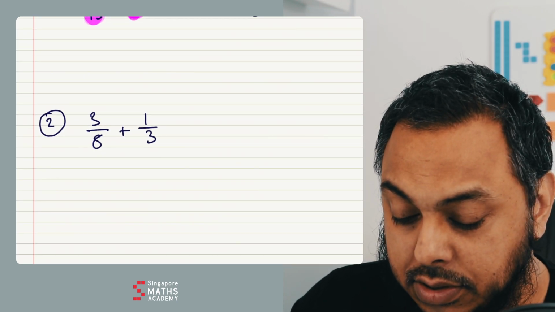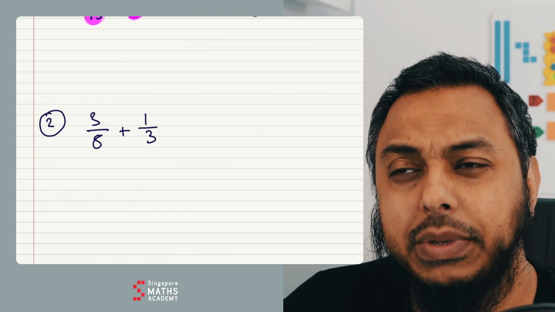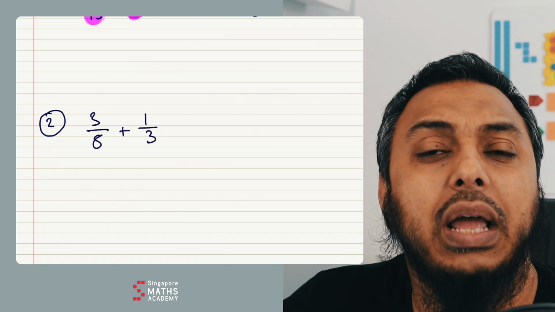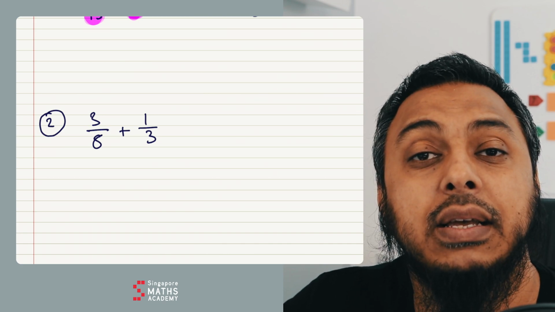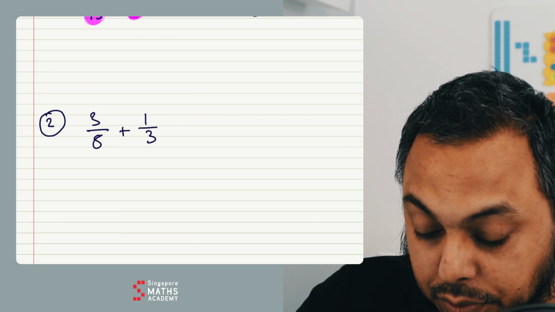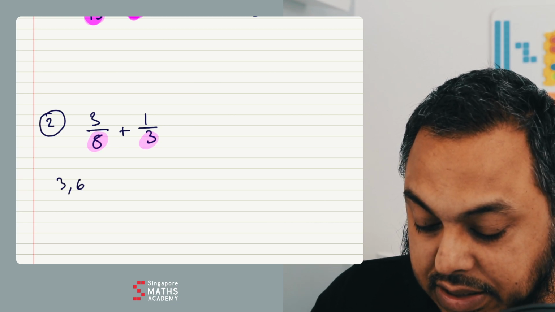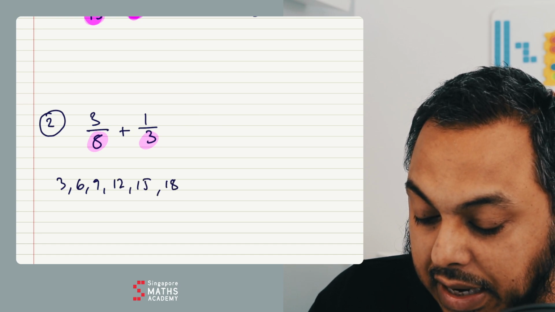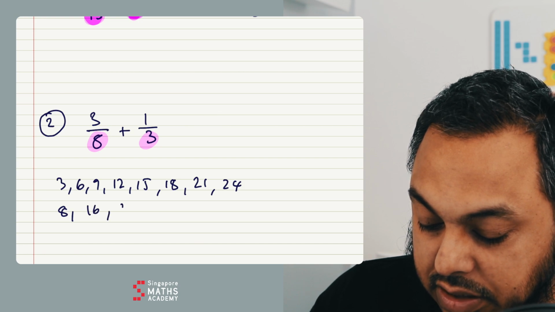But what happens when 3 and 8 in this case are the denominators, and we don't have a way of just multiplying one of these and finding the equivalent fraction for one of these so that I can add it onto the other? Well, that's when we have to think about the 3 times table and the 8 times table. 3 times table: 3, 6, 9, 12, 15, 18, 21, 24. 8, 16, 24.